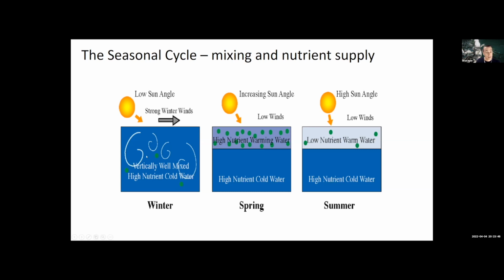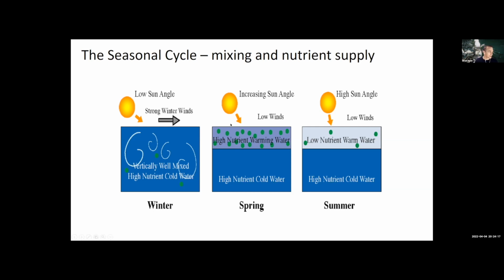The water can be mixed so deeply that the phytoplankton end up on a routine basis in areas where there's not enough light to grow, especially at this time when light is in very short supply. But the other effect of this mixing is that it brings deep nutrients up to the surface. So it resets the water for the spring growing season. It's like tilling the earth in a way.